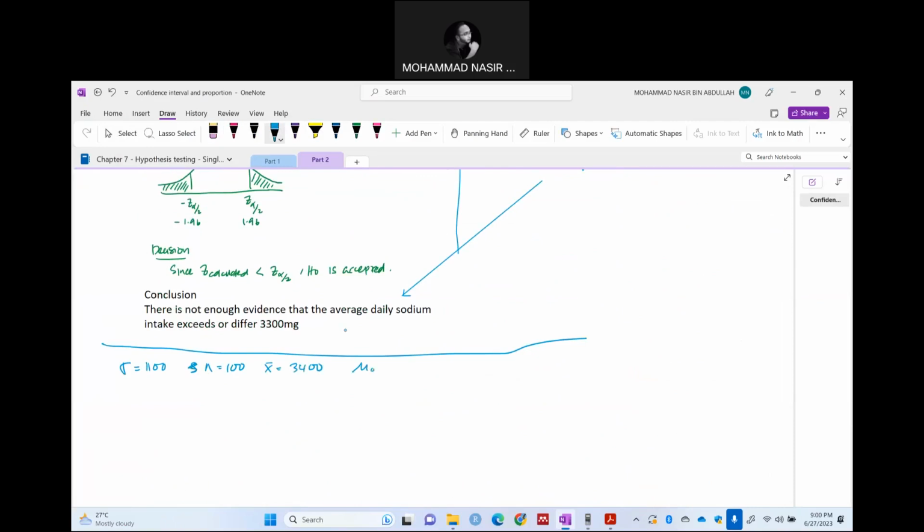And then mu naught equal to 3300. This one not applicable. So we would like to find the 95% confidence interval, alpha 0.05.